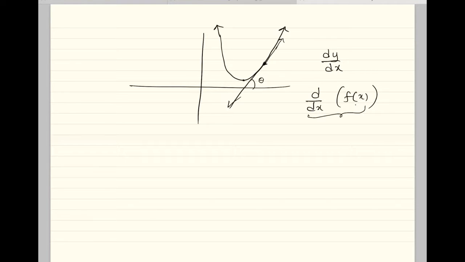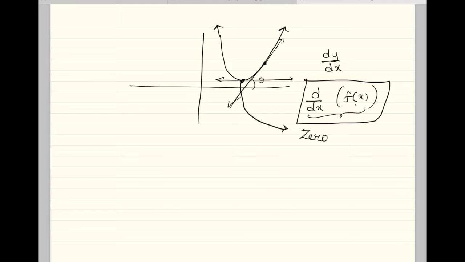Now what about this point? Here if you see, the tangent will be horizontal, correct? What does it mean? Slope of the tangent will be how much? For horizontal line the slope is 0. That means if you differentiate the function and you put x equal to this particular point's x coordinate, you will get the final output as 0, correct?